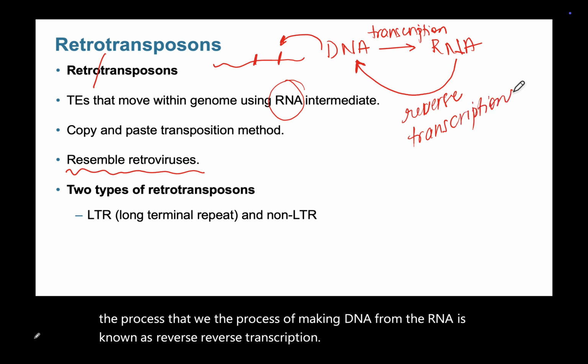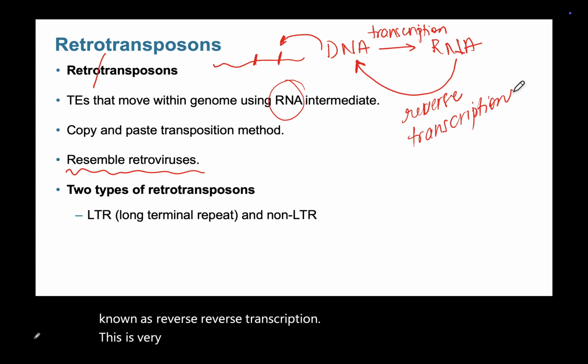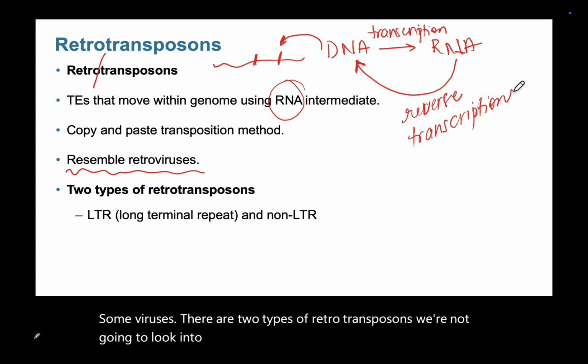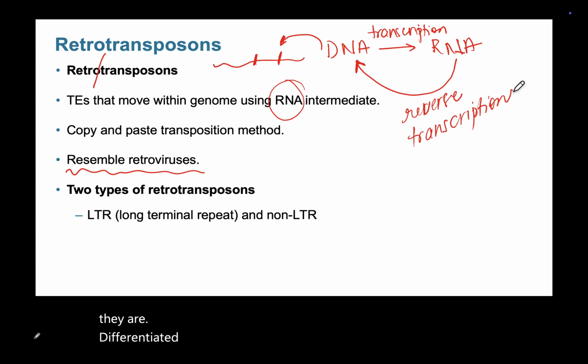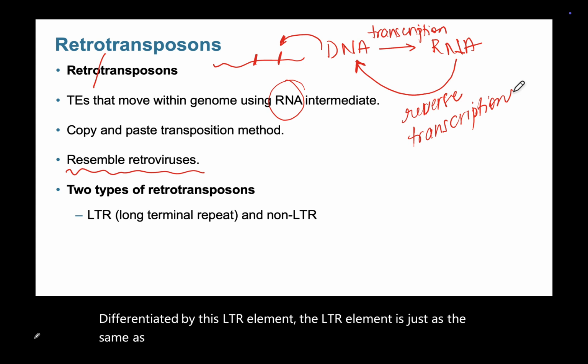Okay? This is very common in some viruses. There are two types of retrotransposons. We're not going to look into them because that's way too much detail, but they are differentiated by this LTR element. The LTR element is the same as the ITR elements in the DNA transposons.